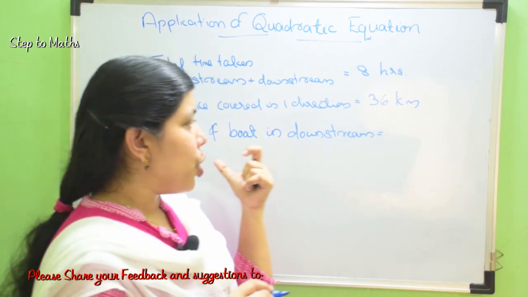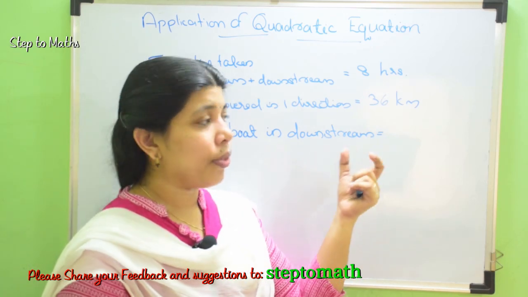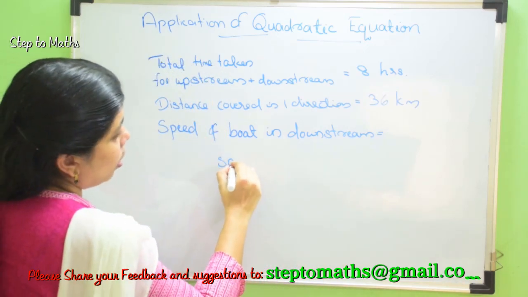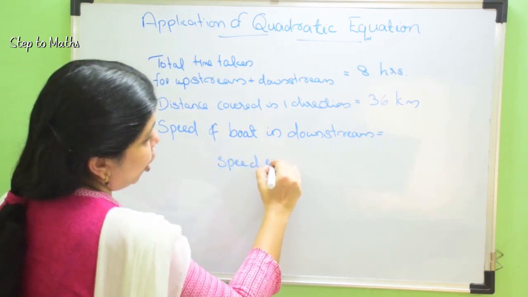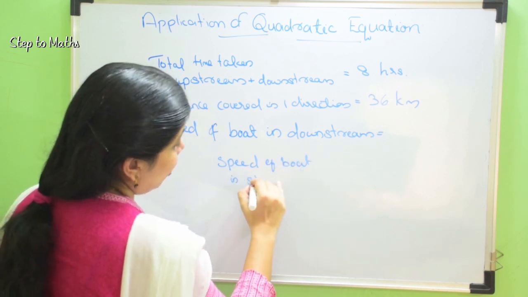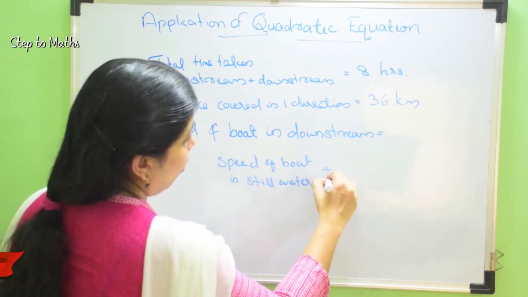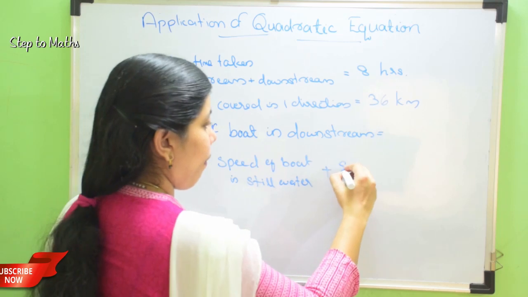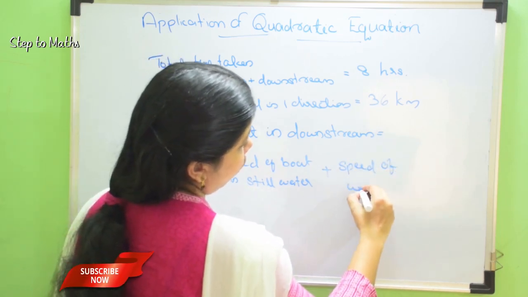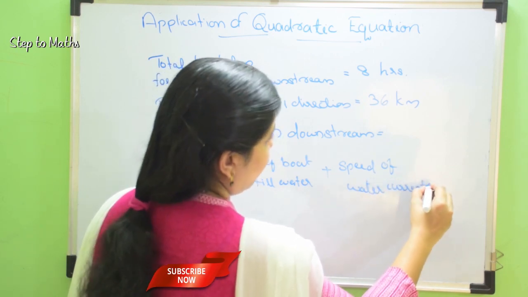Downstream rate is equal to speed of boat in still water plus speed of water current.